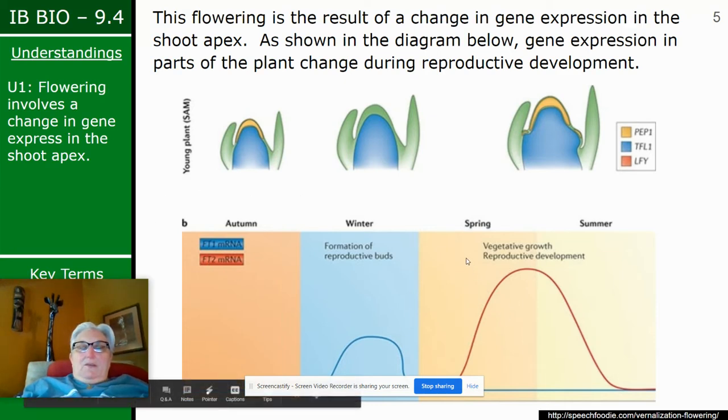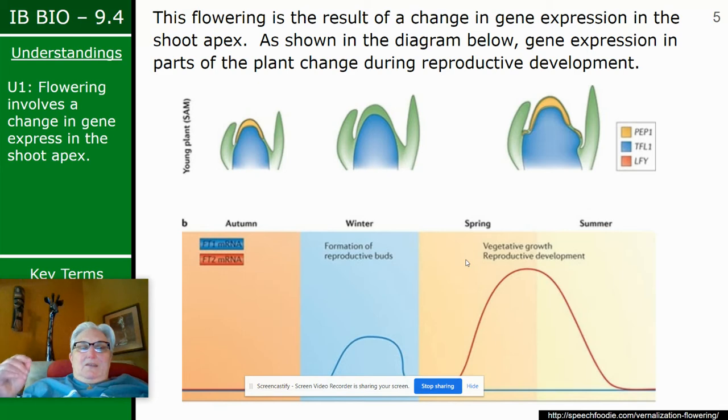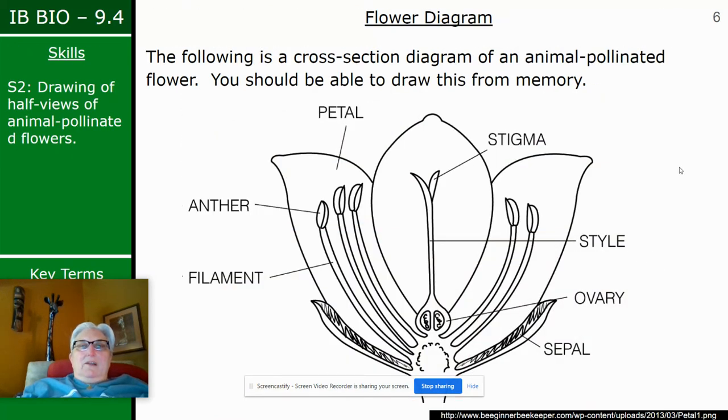So in a lot of cases, it's technically not really the light that's going to develop the flower, but it's the darkness and the amount of time in darkness that we're going to see does the actual development.